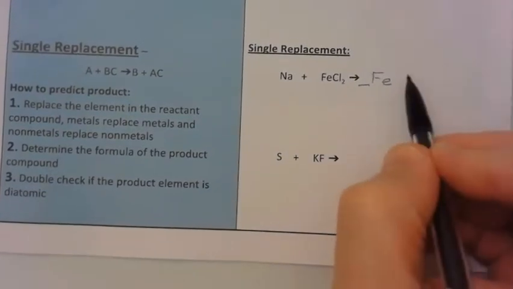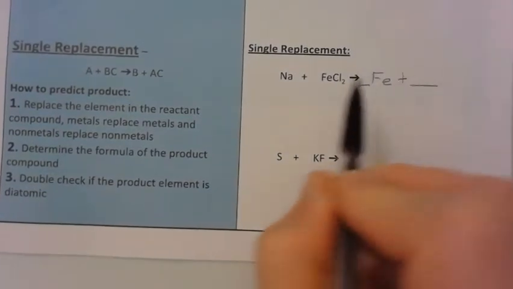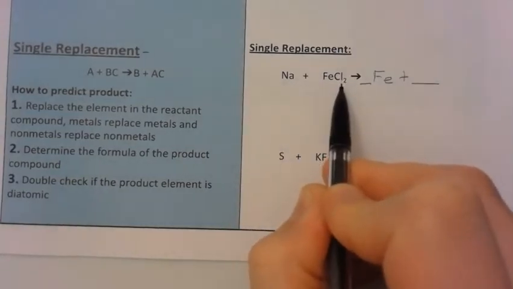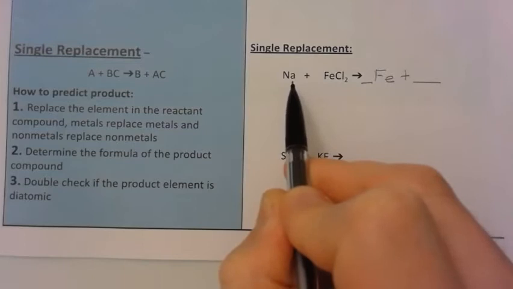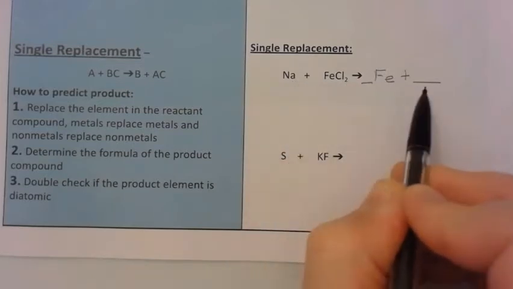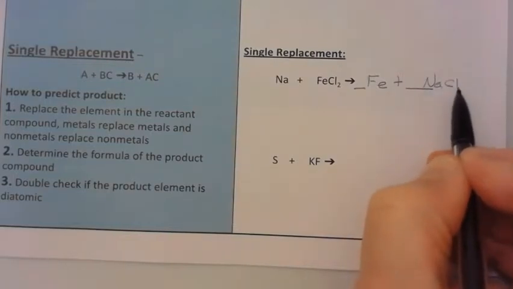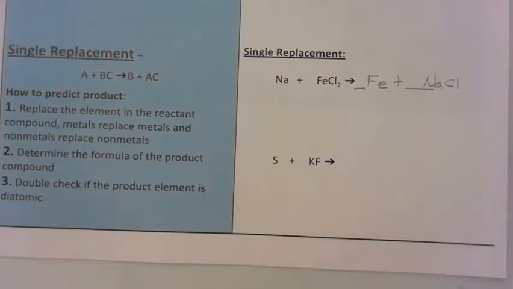And then the product that's going to form is what happens when this sodium ion is now bonding with these chlorine ions. Well, sodium is a +1 and chlorine is a -1, so the formula of this product is going to be NaCl, 1 sodium and 1 chlorine.